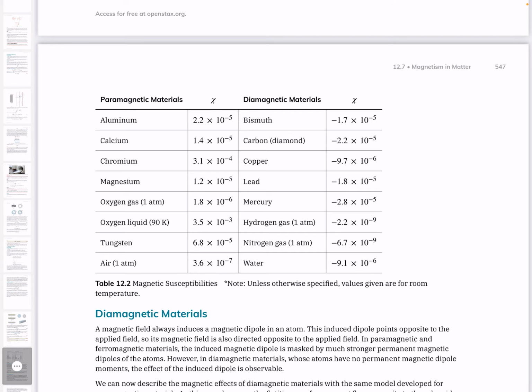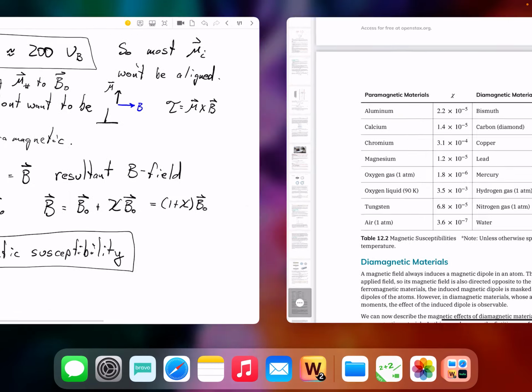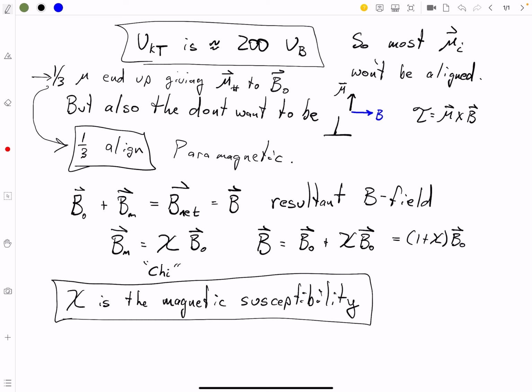So you can tell that with our equation, I'm going to just write it right here. If that's negative, B is less than B naught.